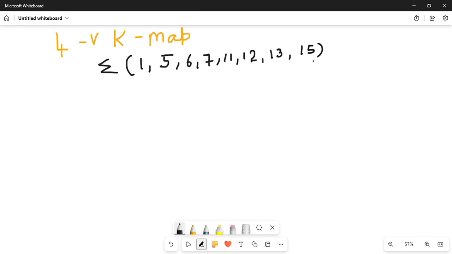So now if I consider this particular question, first I'll write the K-map, students. Wait for 2 minutes, I'll just write the K-map. How is a K-map of 4 variables? The K-map of 4 variables is nothing but it is having 4 rows and 16 cells, right?